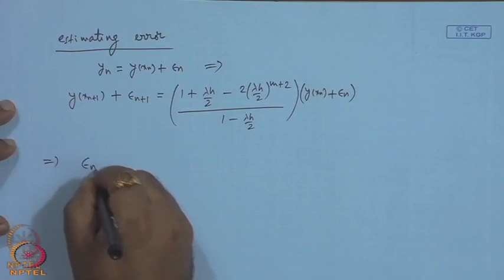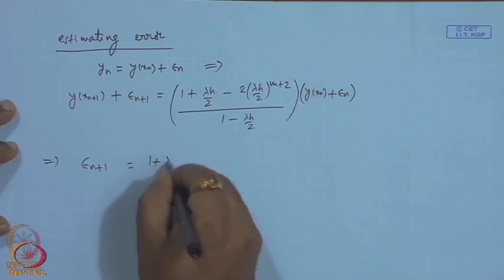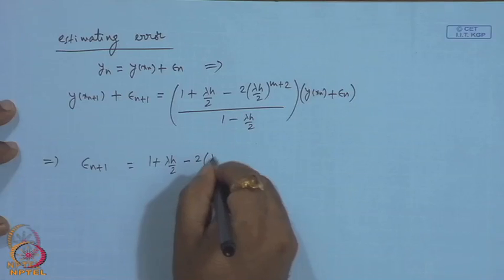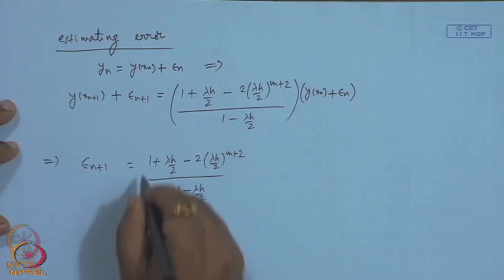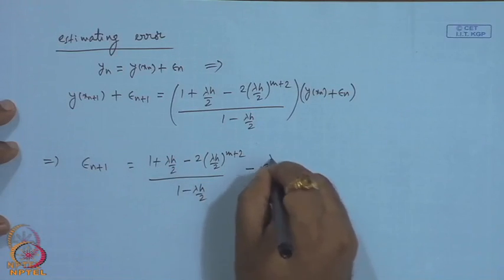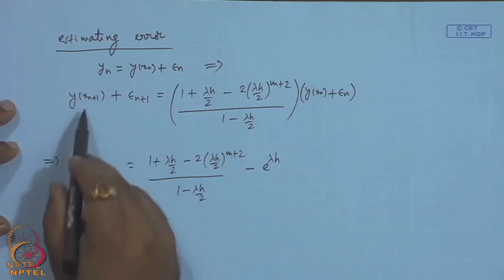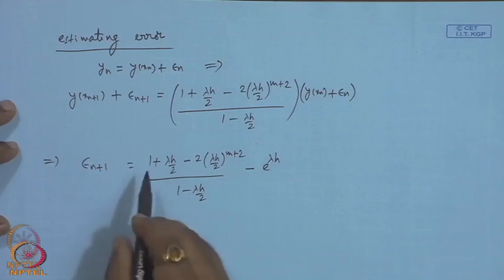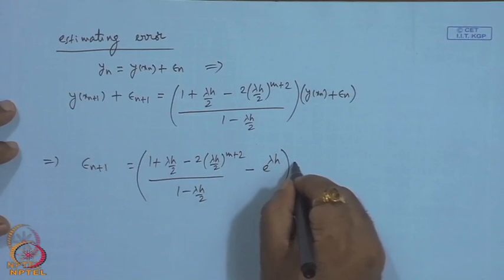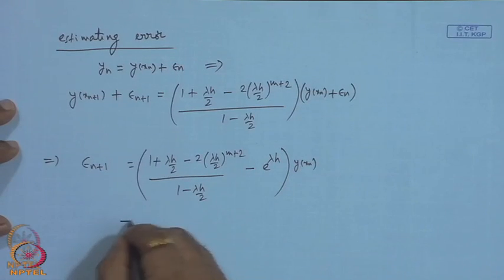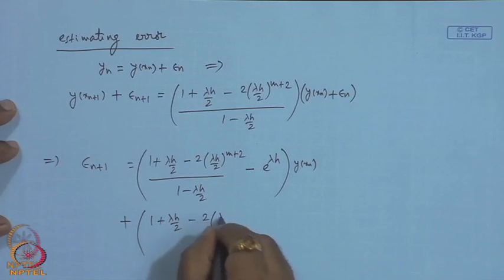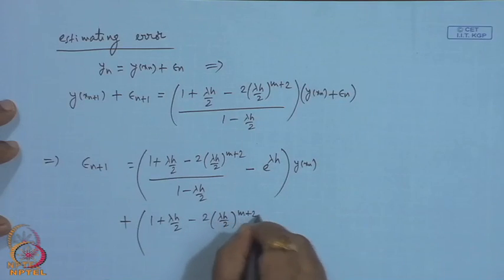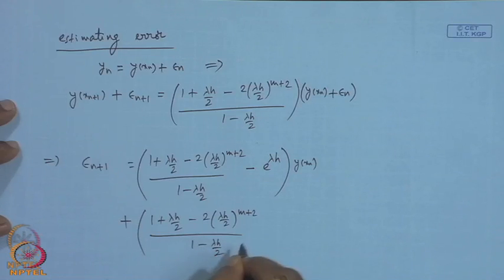So, this implies minus, because exact we know y of x n plus 1 is E of lambda h into y of x n. Okay. So, with that notation, okay.